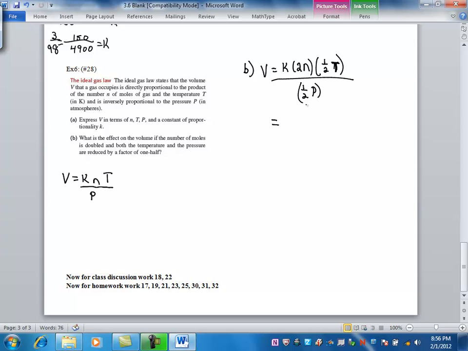Well, we simplify this expression. Notice how my 1/2s are going to drop, and what are we left with? We're left with 2KNT over P, or this is twice what it was before. So if the number of moles is doubled and the temperature and pressure are both cut in half, your volume is doubled.